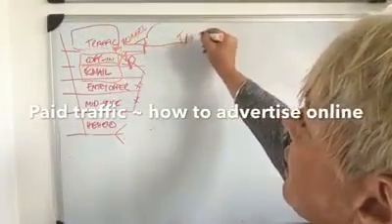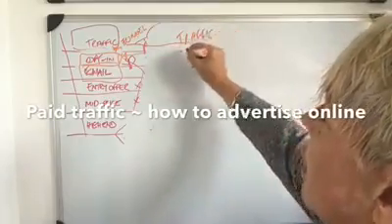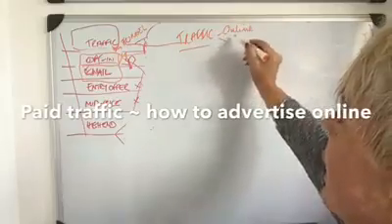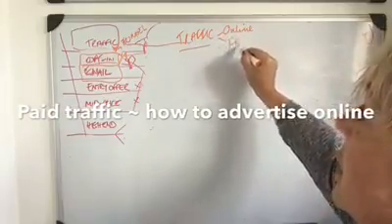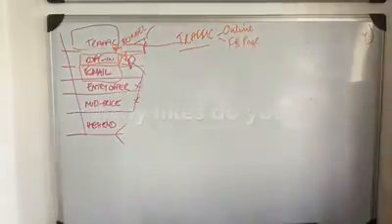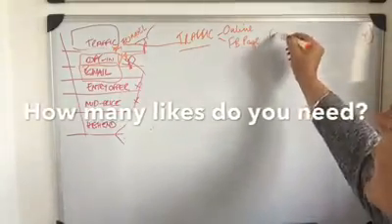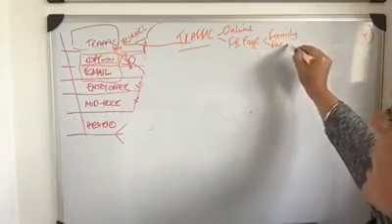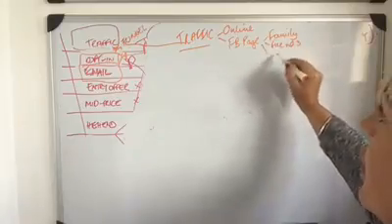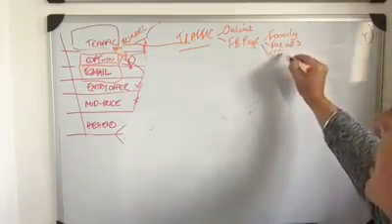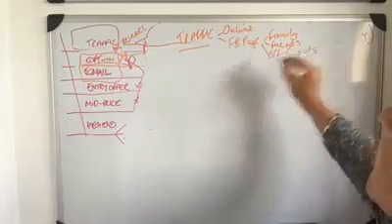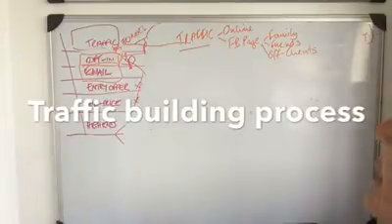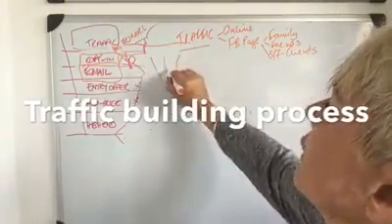Paid traffic, when going online or trying to set up a new online business. Now, even if you have a Facebook page, the likelihood is that it's been a bunch of family and friends that have liked the page and a few offline clients, and it's probably for online business purposes not got enough likes to really make a huge difference to that traffic building process coming into your funnel.